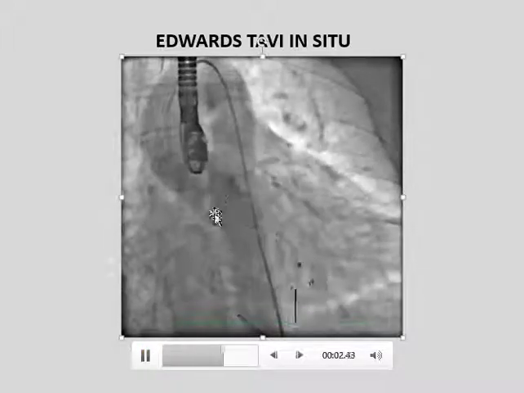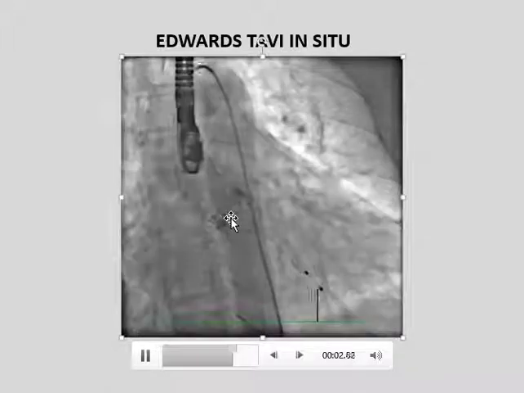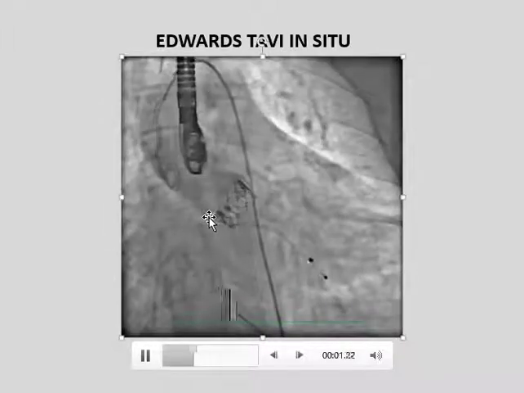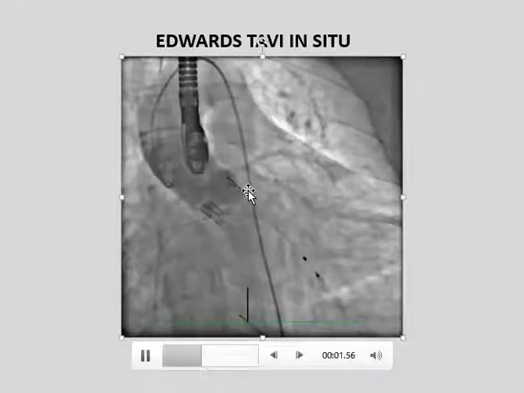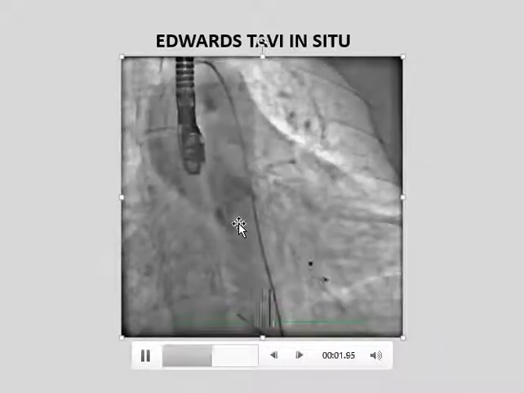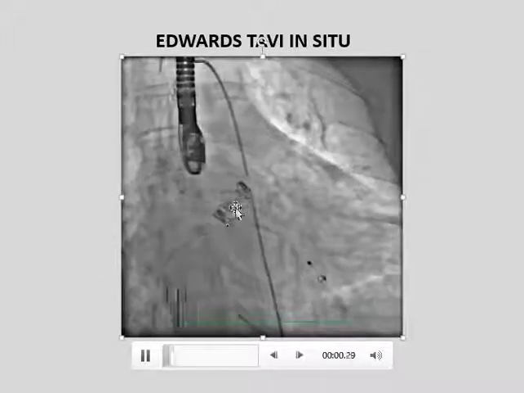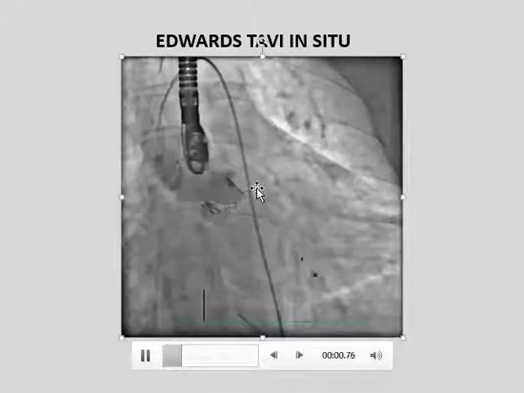This is an Edwards valve, which has been crimped onto place with a balloon that's been expanded to sit that ring containing the leaflets, comparable to a normal valve, to sit at the aortic root, biting into the calcium around that area.